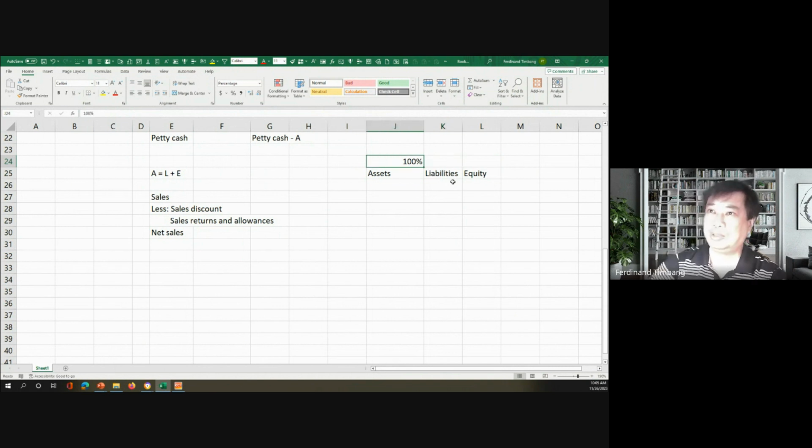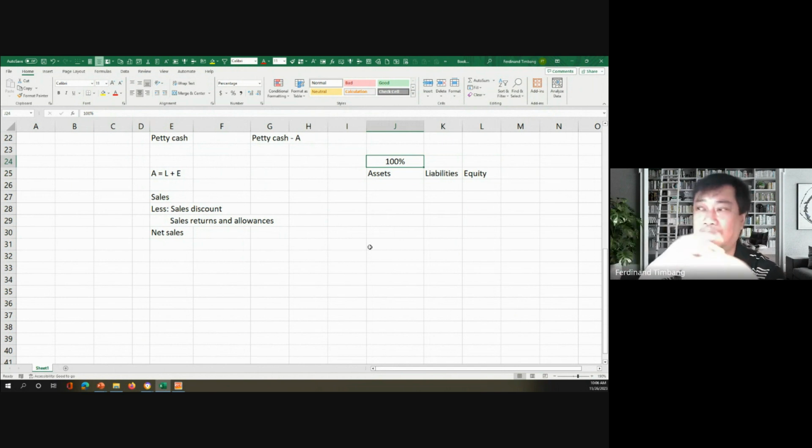So, ibig sabihin, 100%, kasi ang objective natin sa financial management, sabi natin before, is to maximize the price of the stock of the company. And one way to do that is by looking at the lowest weighted average cost of capital.